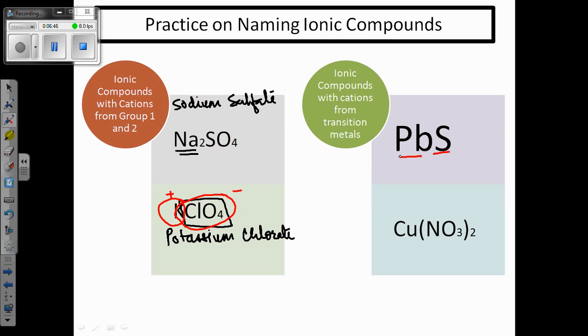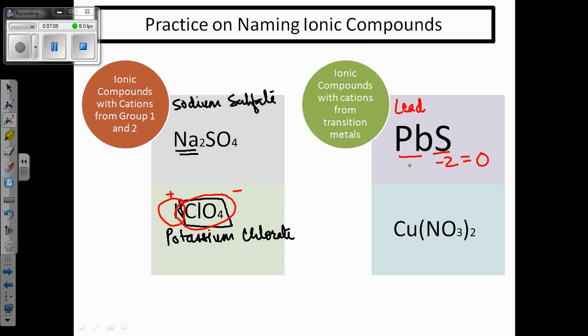PbS. This is not the news channel or the TV station, but Pb stands for lead. But the moment you write lead, you know that this comes from the transition metals, so you need to determine the charge on lead. Is it 2 plus or 4 plus? What you do is you know the overall charge on lead sulfide is 0. So sulfur forms 2 minus.